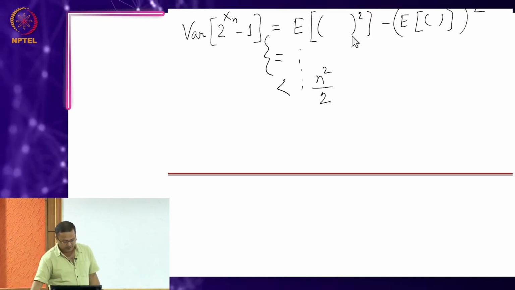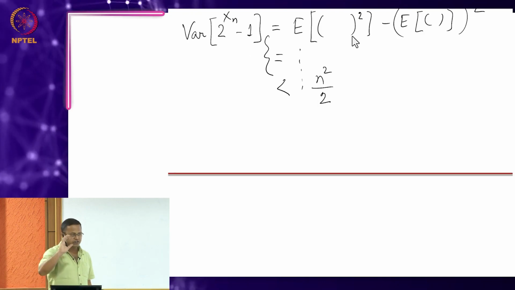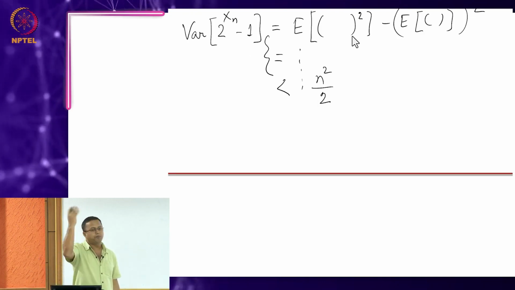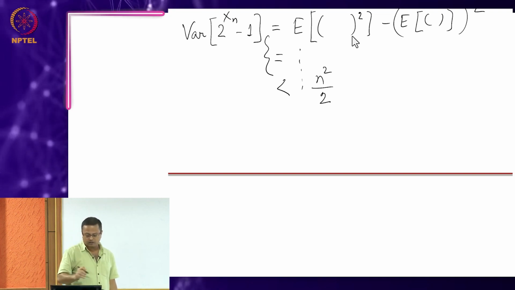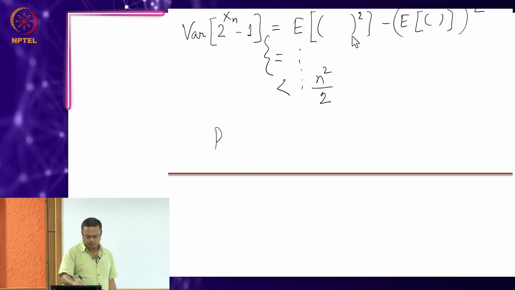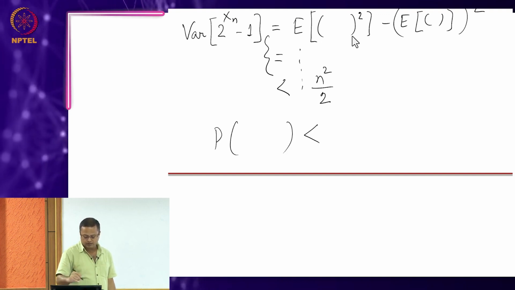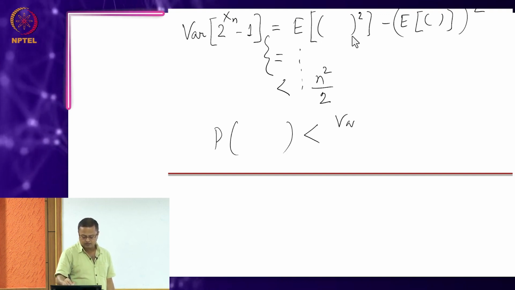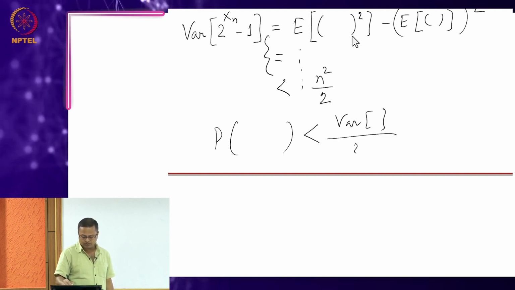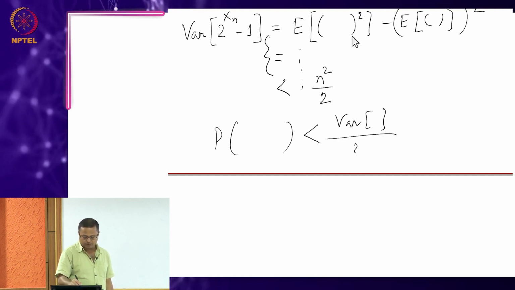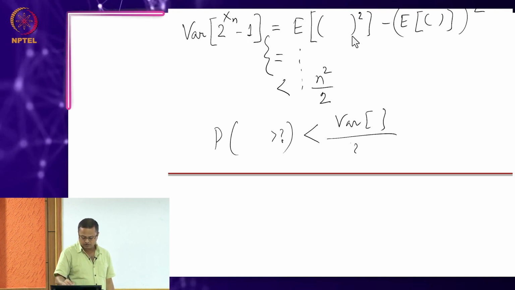If that be the case, mind you, for Chebyshev an upper bound on the variance works, right, because I want a probability to be less than variance divided by the square of whatever is in there.